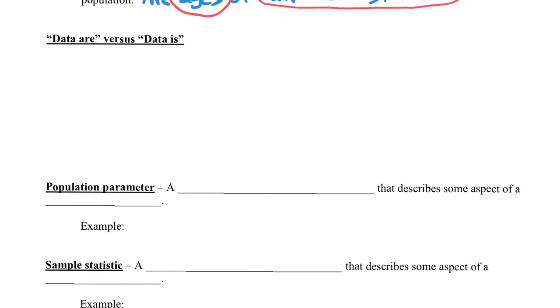And this brings us to the data are versus data is controversy, which I did not know existed until I taught. I had a take-home quiz one time, and there was a statement in the quiz, and I just worded it like the homework, said something about data are, and there was a student in the class who was not happy about that, and she handed in her take-home quiz, and I still remember she had that crossed out, and in all caps she said data is with an apostrophe at the end 3 times.